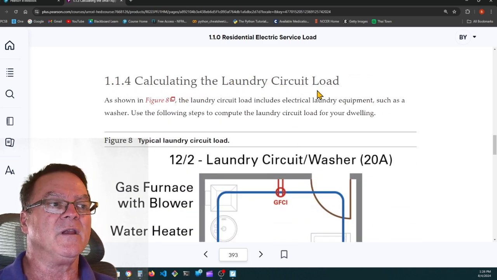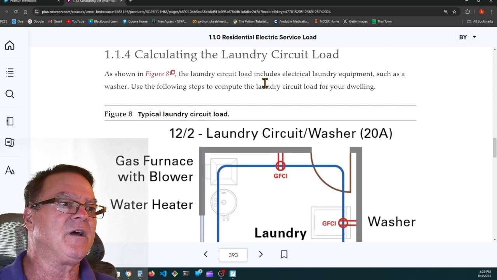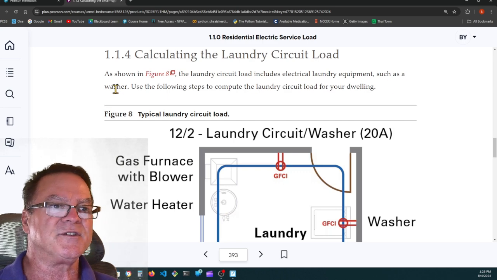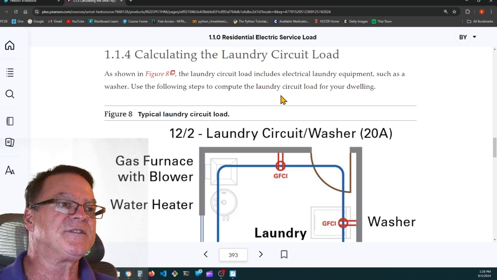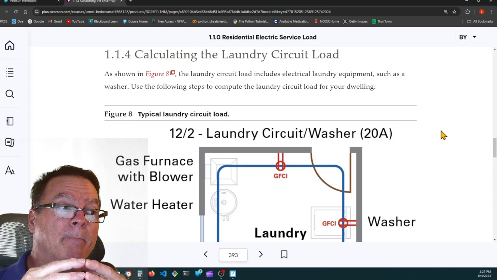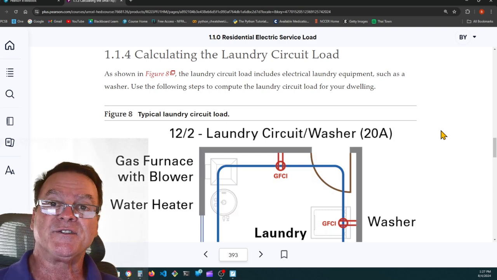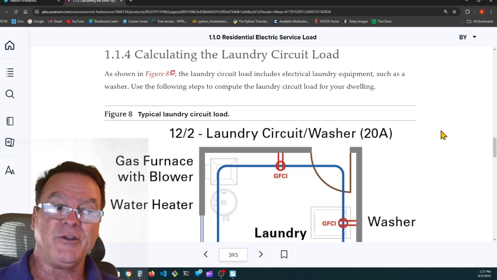1.1.4, calculating the laundry circuit load. As shown in figure 8, the laundry circuit load includes electrical laundry equipment, such as a washer. Use the following steps to compute the laundry circuit load for your dwelling. Now, by code, you have to supply a laundry branch circuit in each dwelling unit.